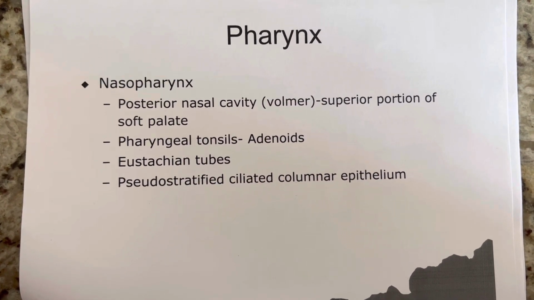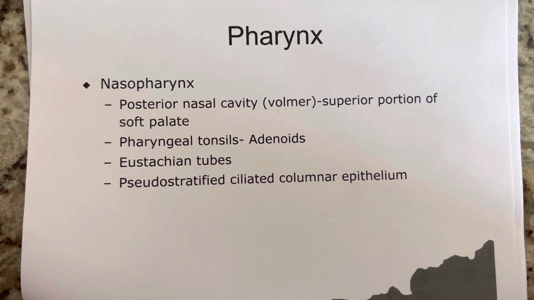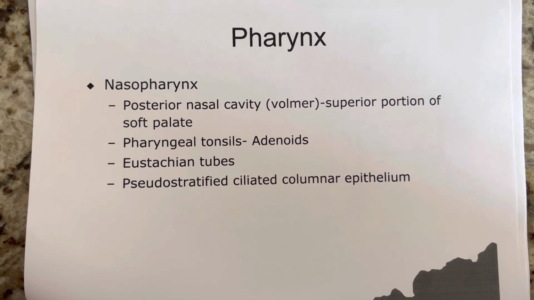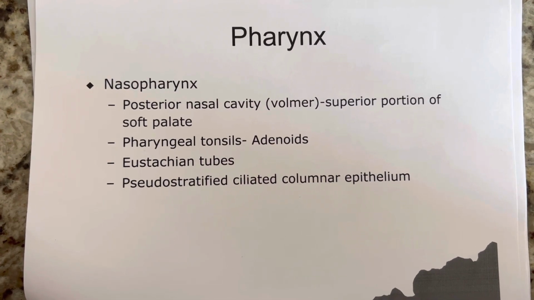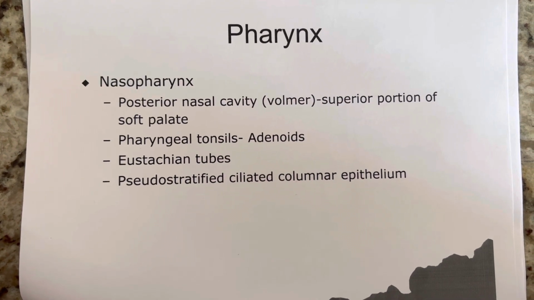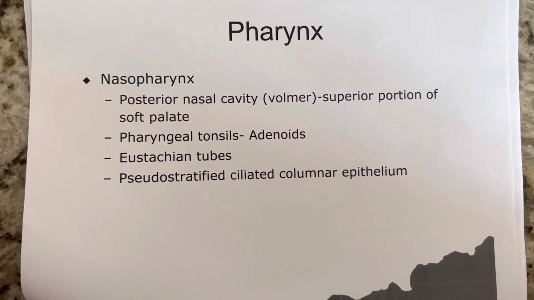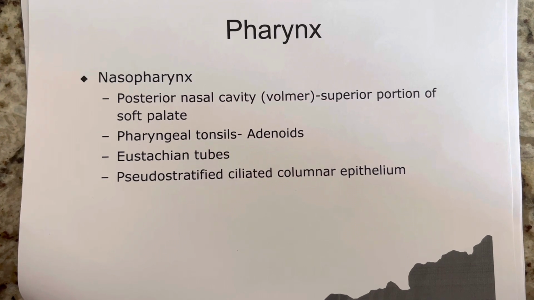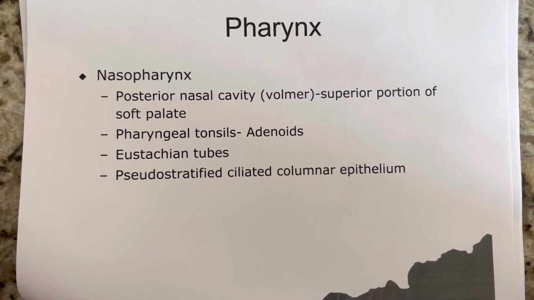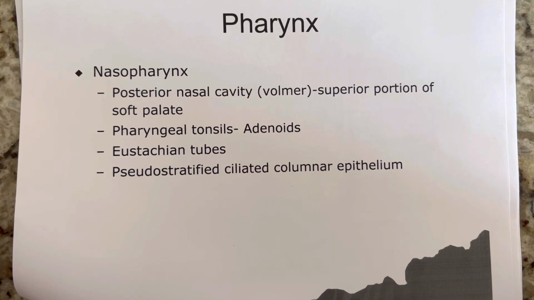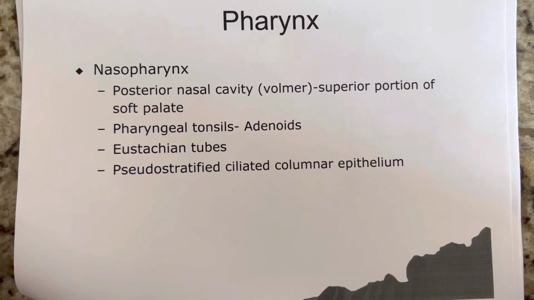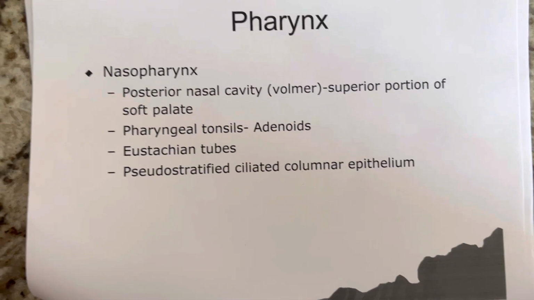Pseudostratified ciliated columnar epithelium. The nasopharynx has the posterior nasal cavity, vomer, superior portion of the soft plate, pharyngeal tonsils, adenoids, Eustachian tubes, and pseudostratified ciliated columnar epithelium.